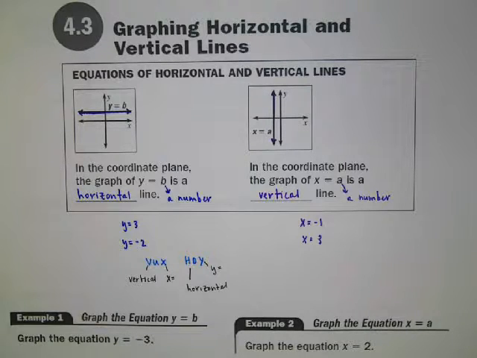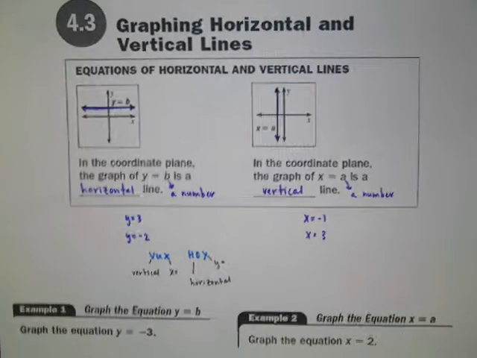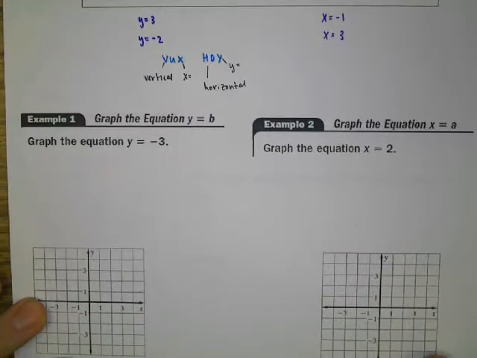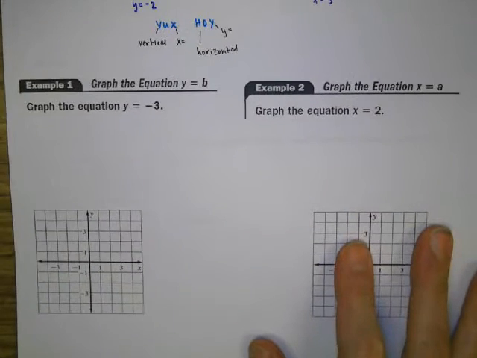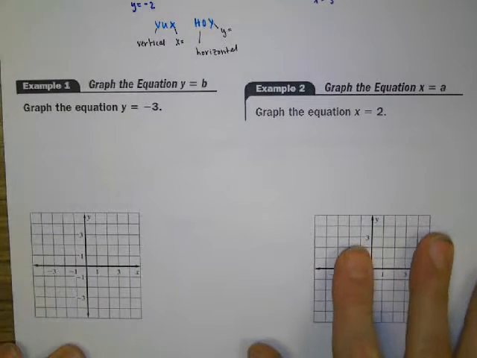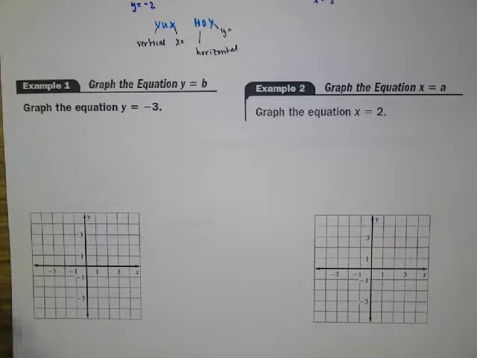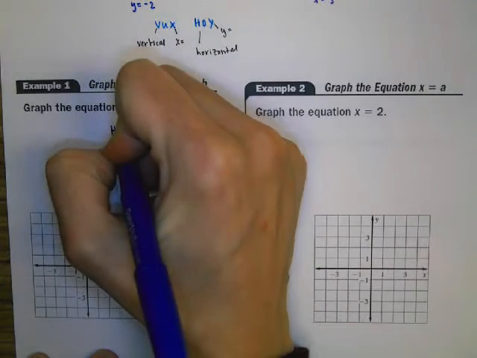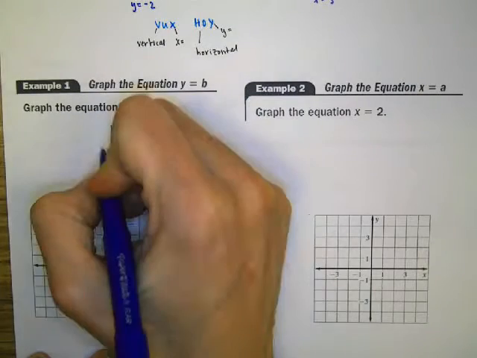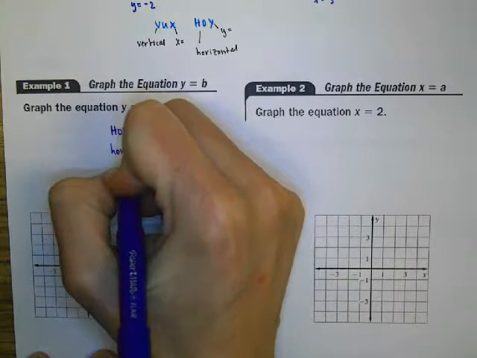So let's look at a couple of examples practicing graphing these equations. My first one, example 1, says graph the equation y equals -3. Well, now I'm thinking, okay, if I have y, right, that was my Hoy. And so I know this is a horizontal line.